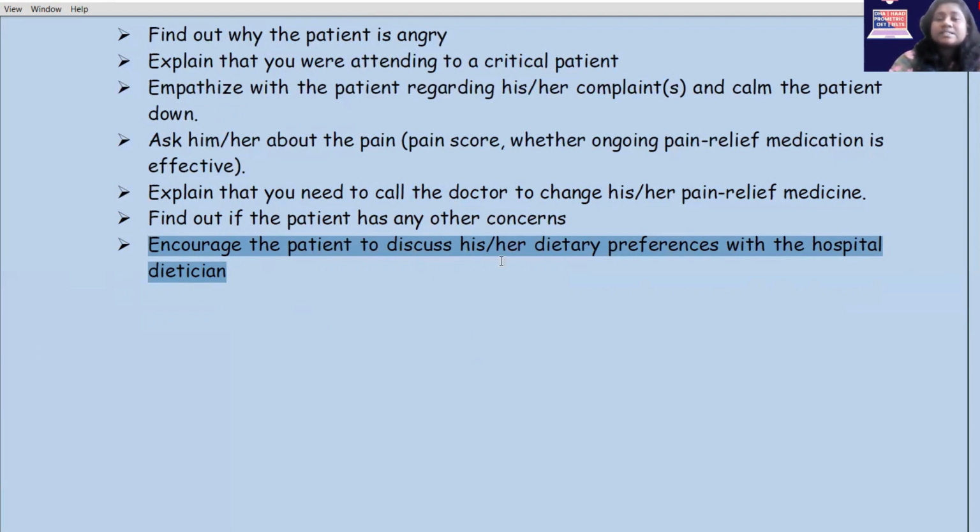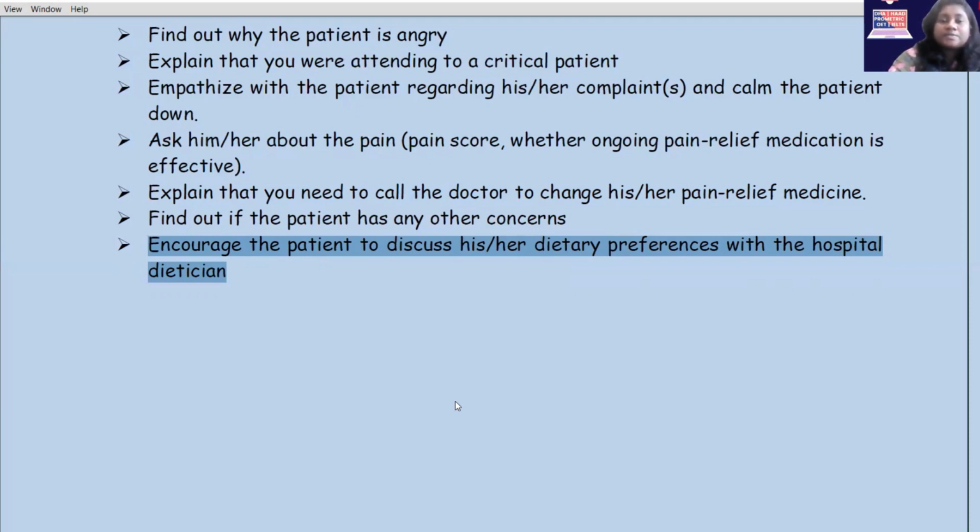So you can suggest discussing his or her dietary preferences with the hospital dietitian. You can give an assurance that you will talk to the dietitian about the patient's dietary preference. Here the candidate should attempt to arrive at a favorable outcome for the patient by suggesting that he or she discusses food preferences with the hospital dietitian.